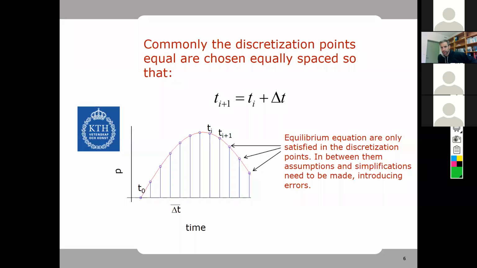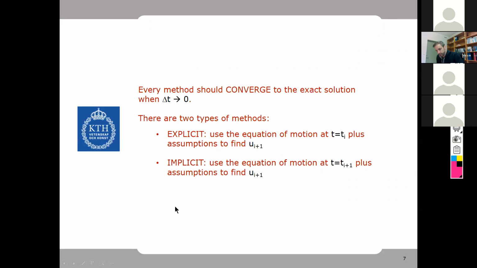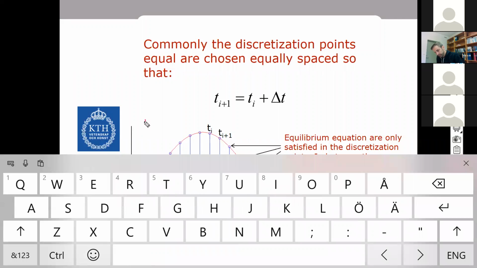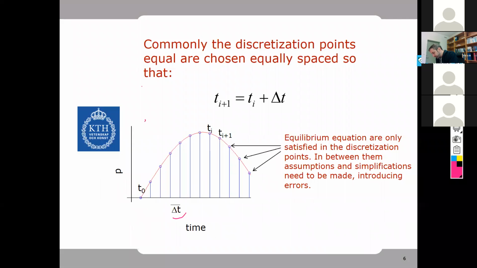For our applications, normally we keep the delta t constant, so that the distance from one point to the next is always the same. This doesn't need to be the case.